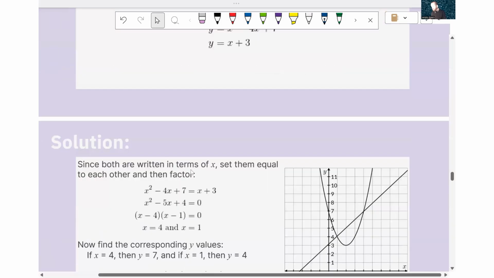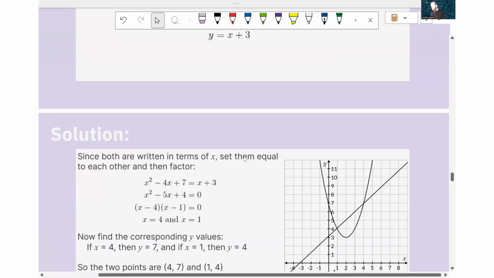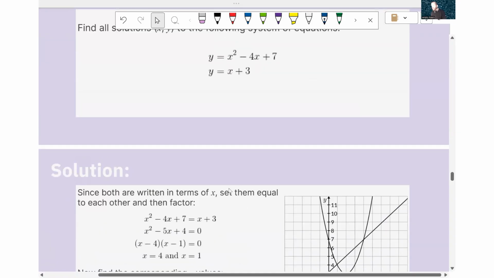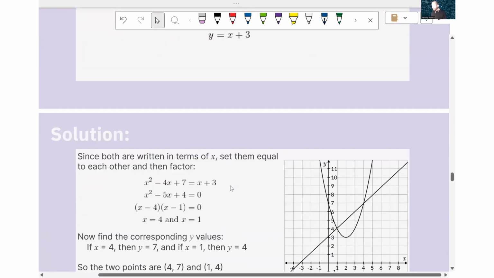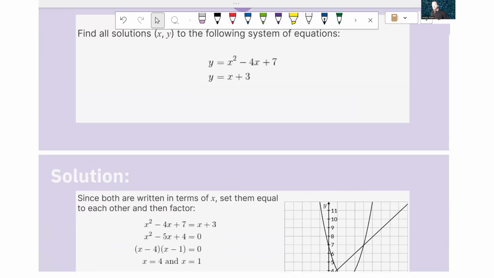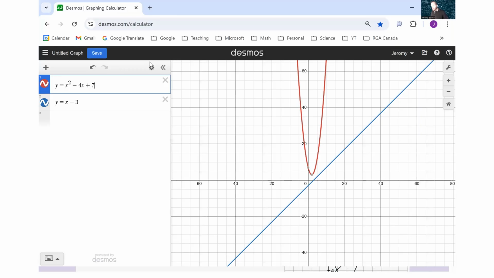So another way to solve this algebraically would be to set them equal to each other. And I may have typed this in incorrectly. Let me go back and double check. x squared minus 4x plus 7 and x plus 3.